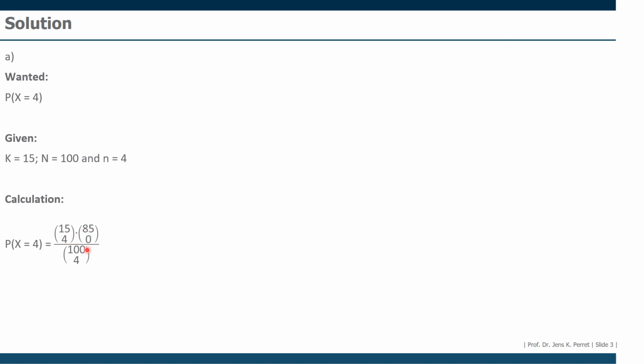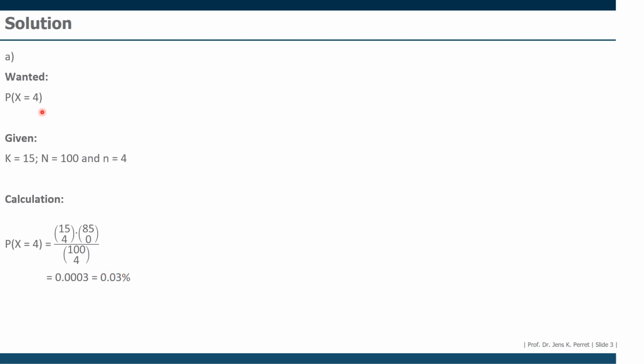And below here, we have large N over small n. That's how many students in total we have in general and in our subsample. And if we insert those numbers into the calculator, we get a result of 0.03%.